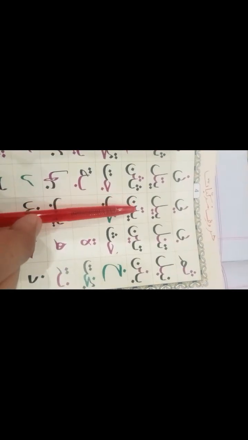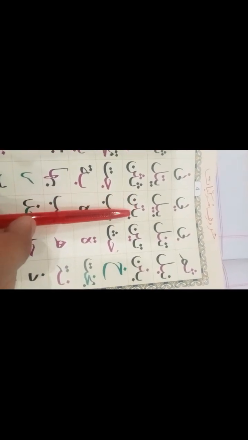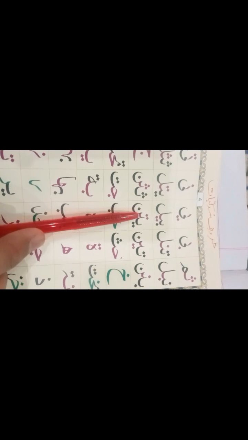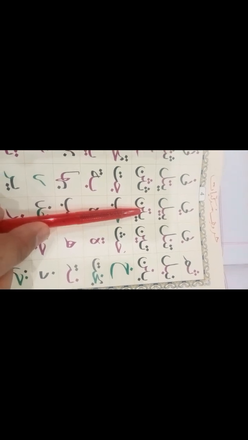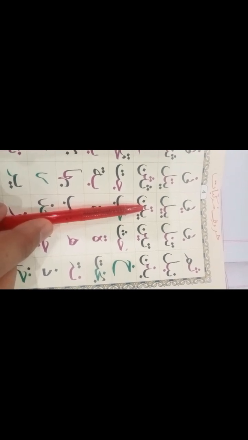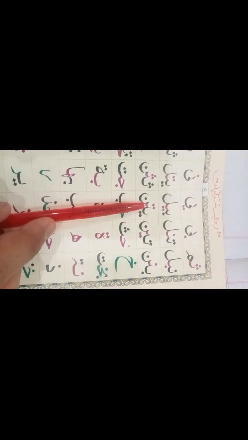Like here, you can see the half written form of ta, ya ta noon. Ta is here, the first written form of ta is with the half letter written here, and here the ta is written with this half written form, but its other written form is here.